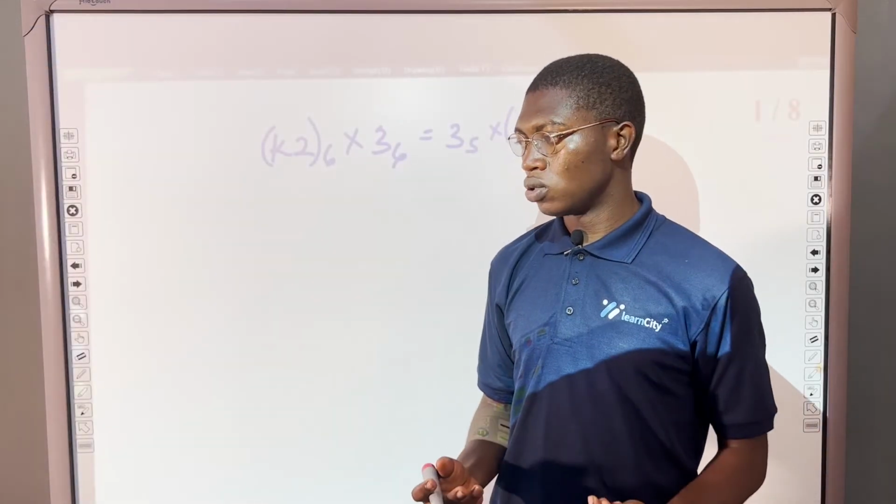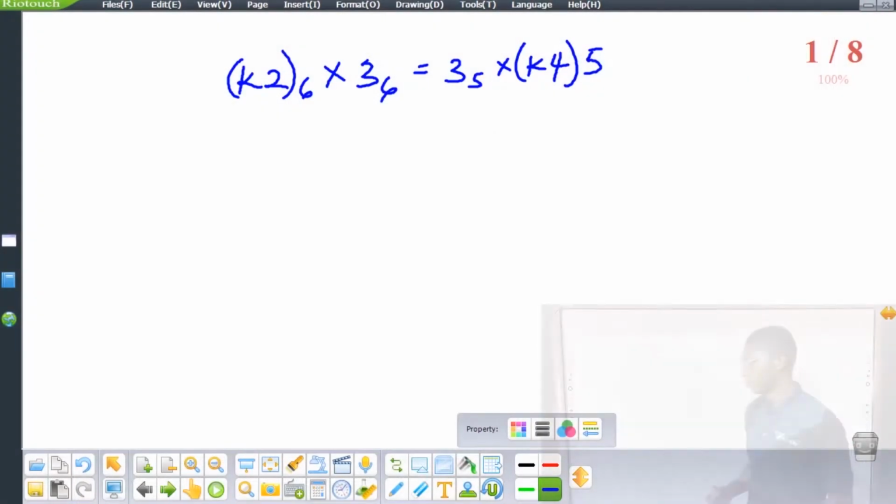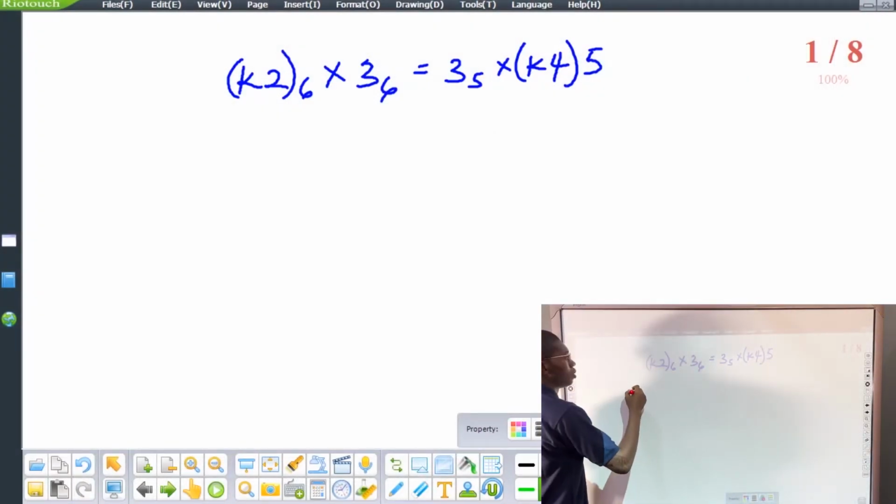Can we just try it out? I'll just give it a try. Now, we have K2 base 6. We have to convert all to base 10 to make work easier.